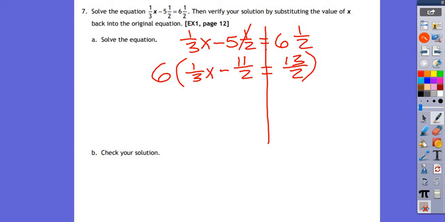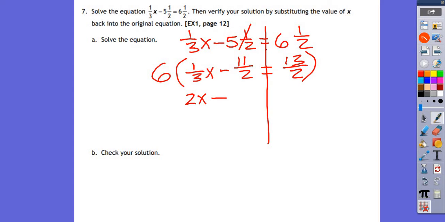By me finding that and multiplying the problem times the least common multiple, I will no longer have to deal with fractions. I'm going to do 6 times the top divided by the bottom. 6 times 1 is 6. 6 divided by 3 is 2. The fraction is gone. 6 times 11, 66.